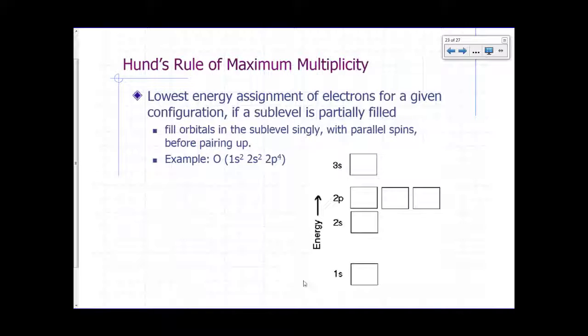Well, Hund's rule says not all of those ways correspond to the lowest possible energy. Some of those ways would correspond to a lower energy assignment of electrons, so it will give you a more stable atom. The one that has the lowest energy is one where you spread out the electrons first with parallel spins before you pair them up.